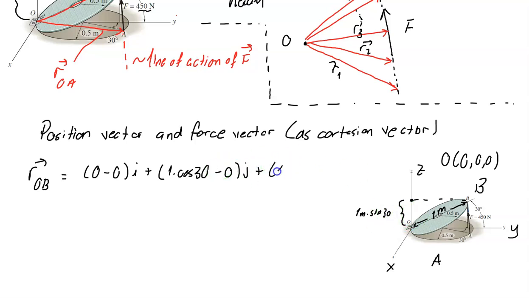Okay, so 1 meter times sine 30 minus 0 again, and that's K. So my R_OB vector is going to be 0.866 J plus 0.5 K meters.